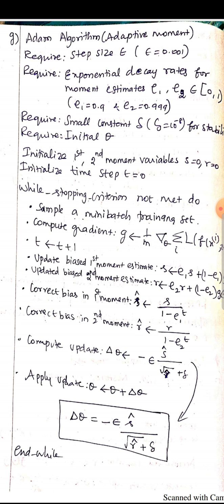So the first order moment variable is s, the second order moment variable is r, and finally after the update it is applied to the parameter direction.